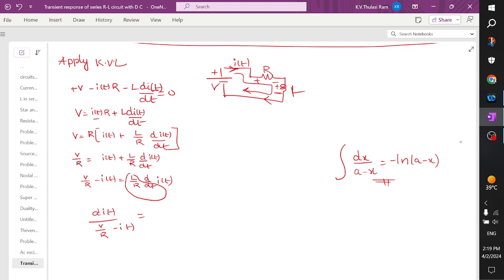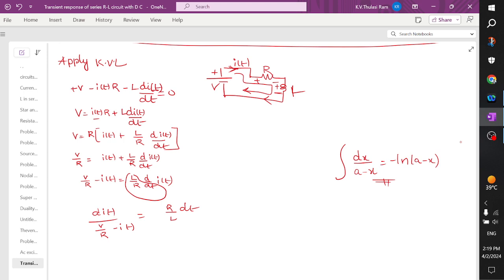So that is indicated as r by L into dt. So I'm moving this term to this side and this term to the denominator side. So this is the numerator and what comes here is nothing but r by L into dt.